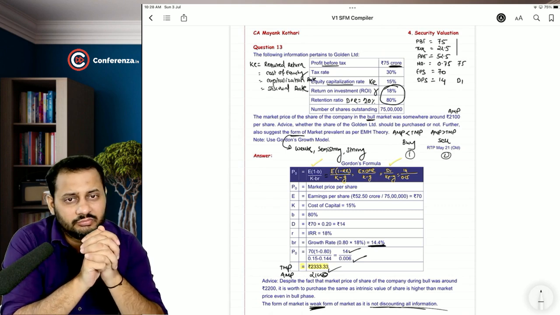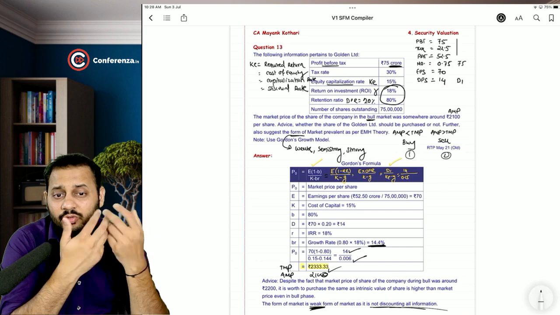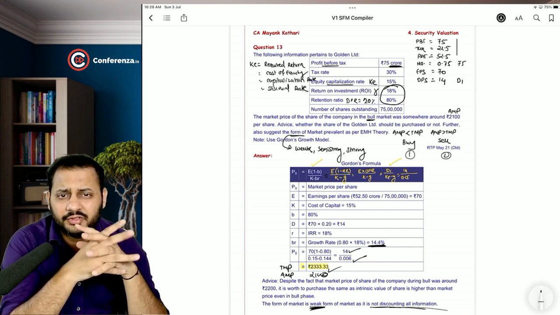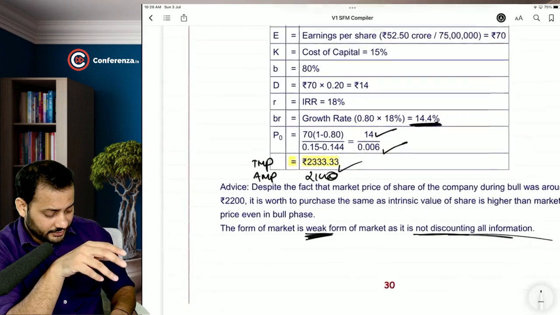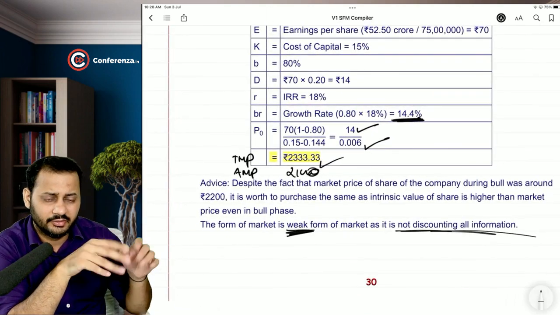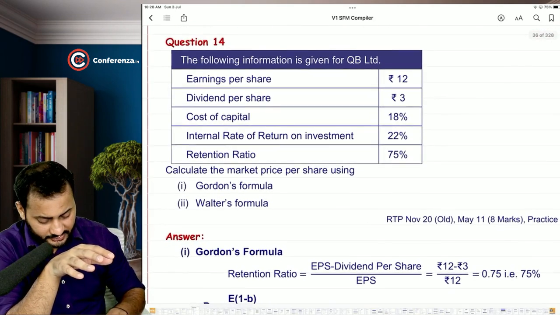According to me, there has to be more information about the efficient market, or some situation where we may or may not be following it, and then we can say that it is a weak form of market efficiency. But let it be. You just have to accept a few things which may not be justified.